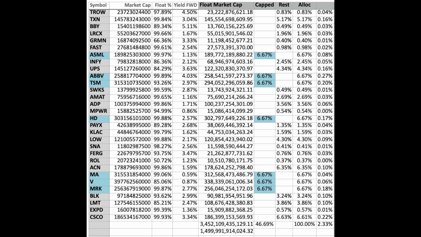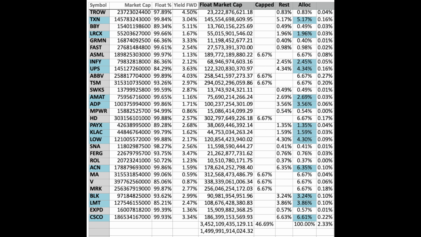There are a handful of large allocations and a few very small ones as well. Starting from the top, we have Cisco at 6.63%, Accenture at 6.35%, Texas Instruments at 5.17%, UPS at 4.34%, Lowe's at 4.3%, Lockheed Martin at 3.86%, ADP at 3.56%, BlackRock at 3.24%, Applied Materials at 2.69%, Infosys at 2.45%, Lam Research at 1.96%, KLA Corporation at 1.59%, and Paychex at 1.35%.